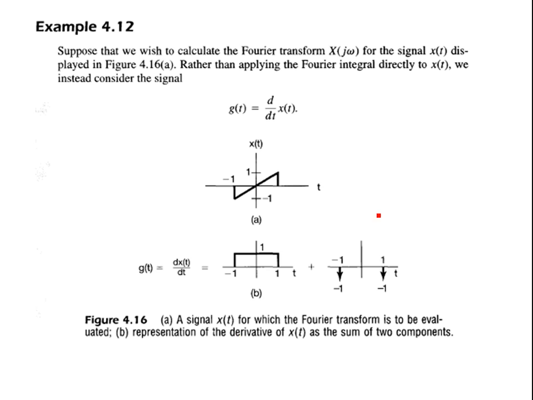For example, the next example 4.12 gives quite an unorthodox sort of function, g(t), which is dx/dt, where x(t) is a sort of triangular function on both sides. Suppose that we wish to calculate the Fourier transform x(jω) for the signal x(t), which is displayed in figure 4.16a.